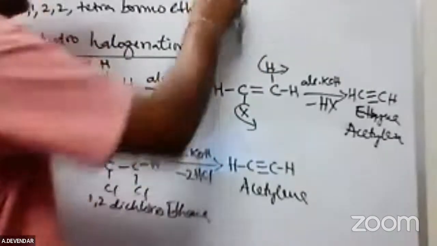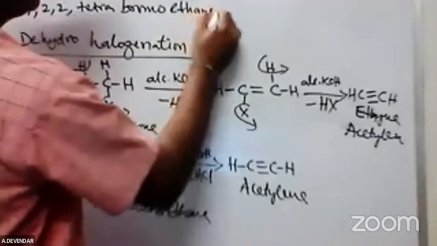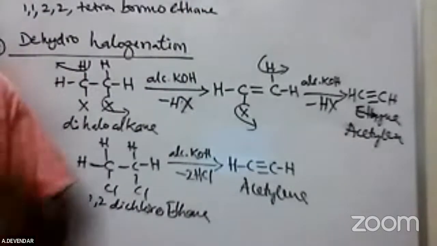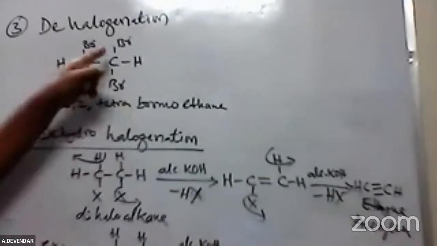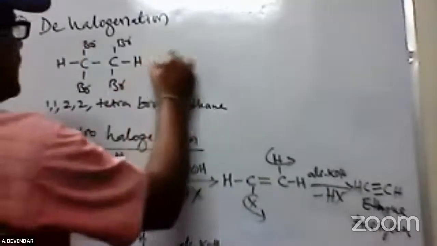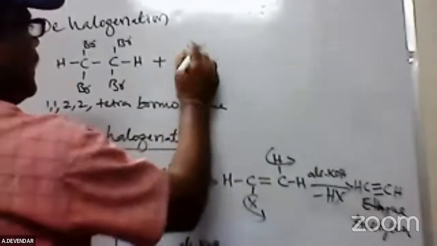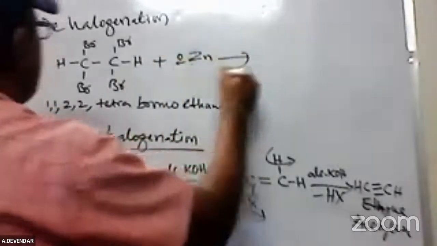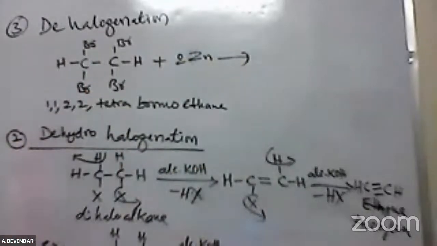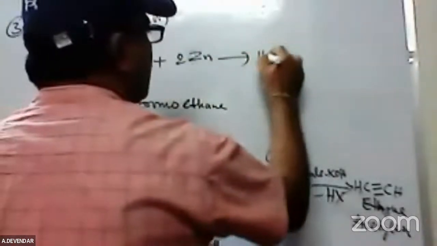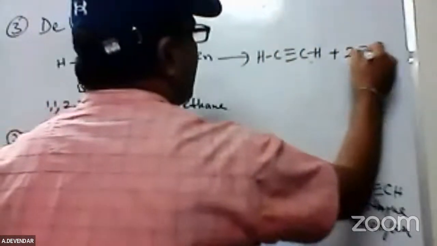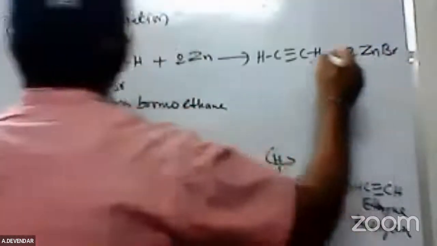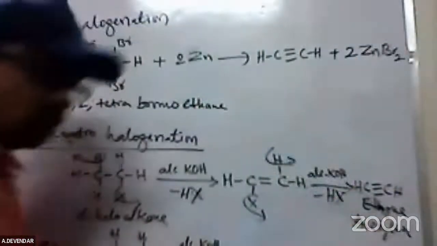In the presence of zinc dust, dehalogenation of 1,1,2,2-tetrabromoethane takes place. You use two units of zinc dust, and all four bromine atoms are removed immediately, and we get the ethylene molecule and 2ZnBr2, zinc bromide.